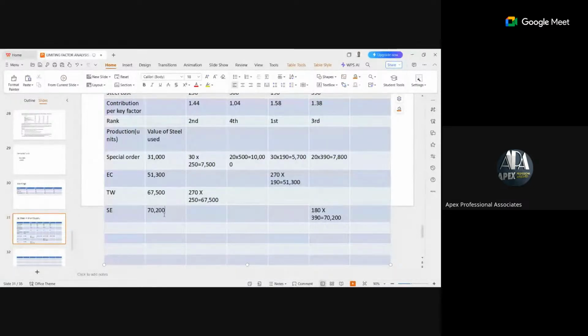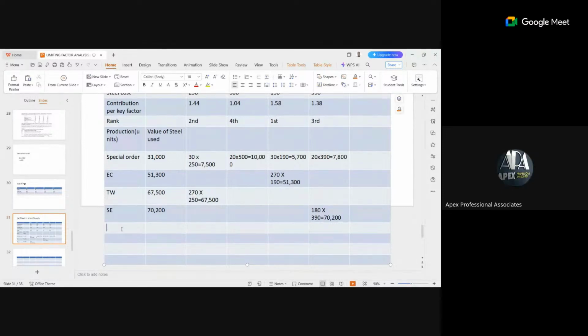What is our balance now? 250,000 minus this. What do we have left? 30,000. We have a balance of 30,000.